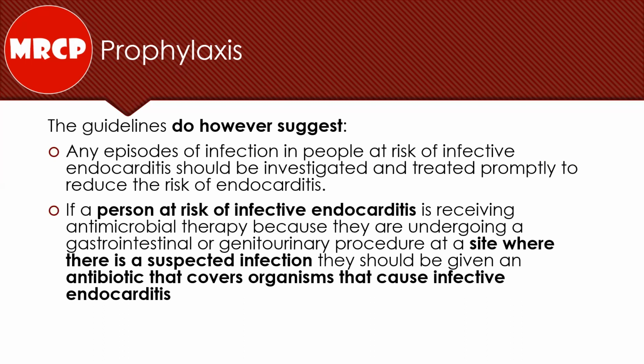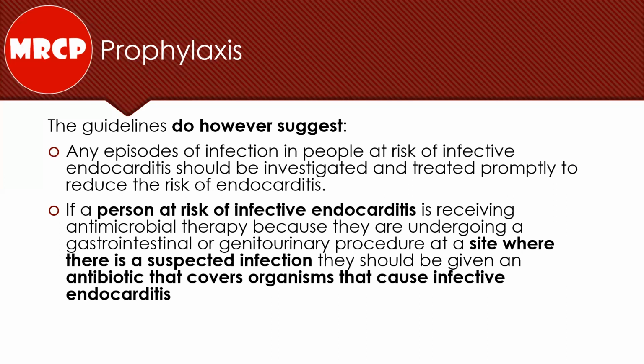But let's move now to the important exception, because this is a very important, deceiving and confusing exception. In the clinical setting, you might be confused easily if you don't know this piece of information. Listen to me, Dr. Anwar. If a person at risk of infective endocarditis is receiving antimicrobial therapy because they are undergoing a gastrointestinal or genitourinary procedure at a site where there is a suspected infection.